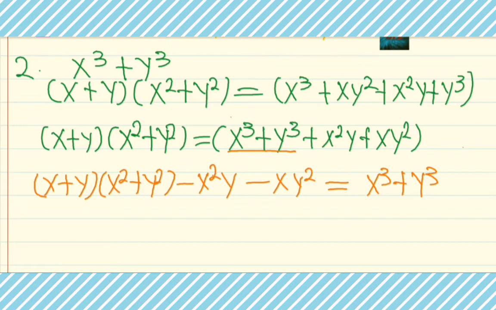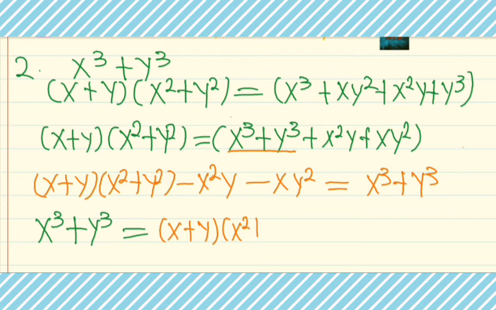So this becomes x cubed plus y cubed equals (x plus y)(x squared plus y squared minus x squared y and minus xy squared have a common factor of minus xy.